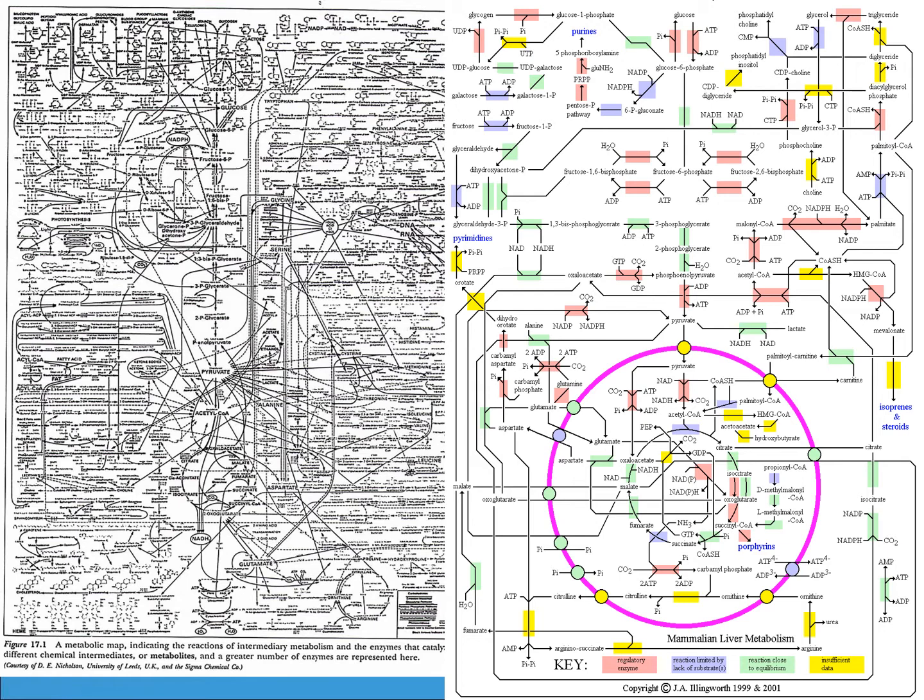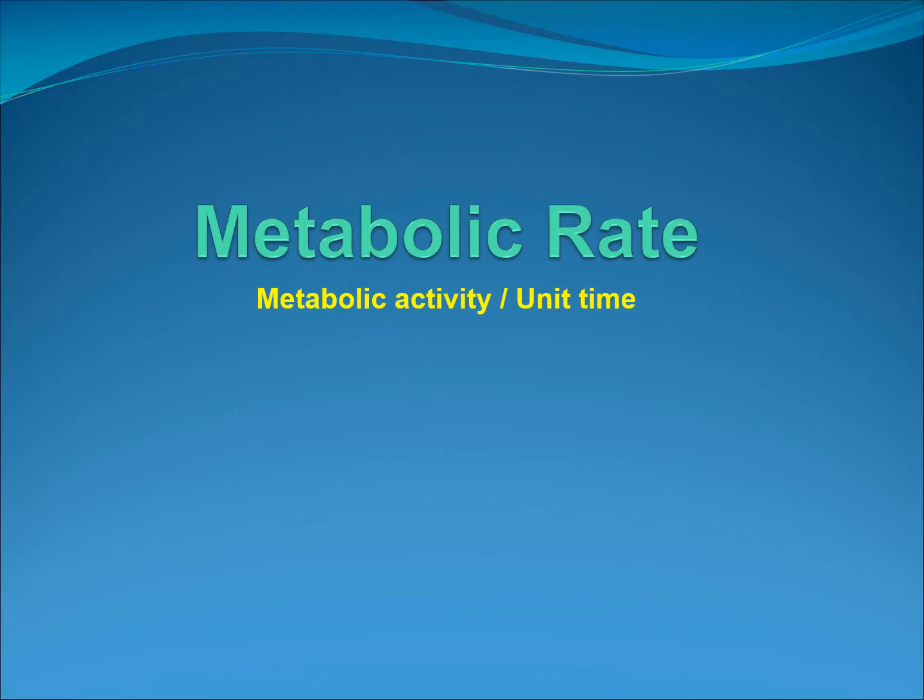Returning back to our question, can we estimate the metabolic activities that are taking place in our body? As an answer, we can measure the metabolic rate, which refers to metabolic activities that are taking place in our body per unit time.